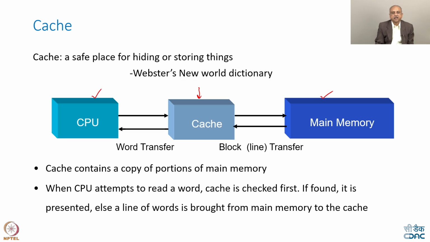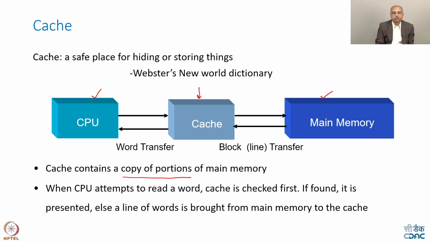Since it is smaller in size, it will contain a copy of portions. This is important: you cannot have the size of cache the same as main memory, it has to be smaller. Hence, only some portions of the main memory which are frequently used are maintained in cache.